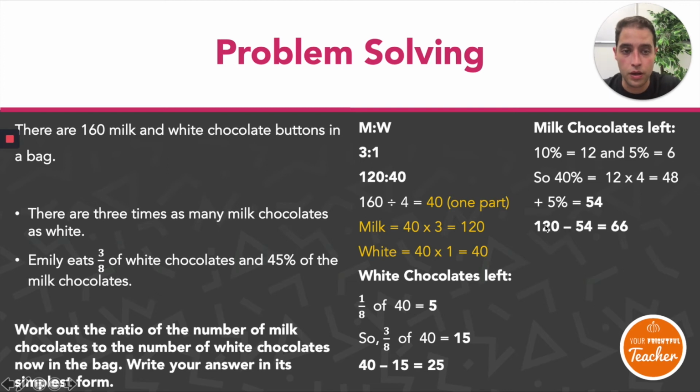And again, that total value of milk chocolate minus the 45%, the 54 that she's eaten, gives me 66 left. So what's the ratio? Can it be simplified? No. No, it can't. So we're going to leave it there.